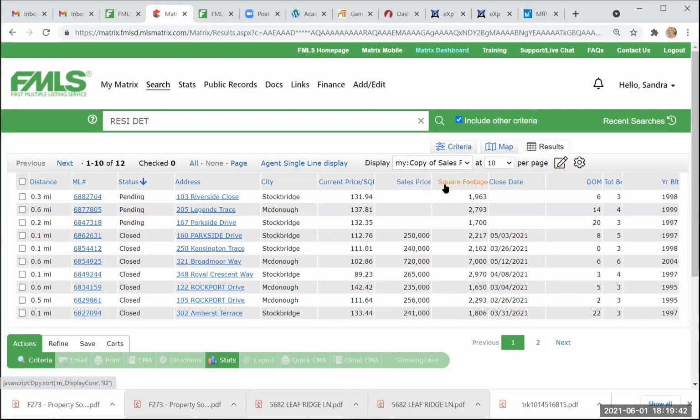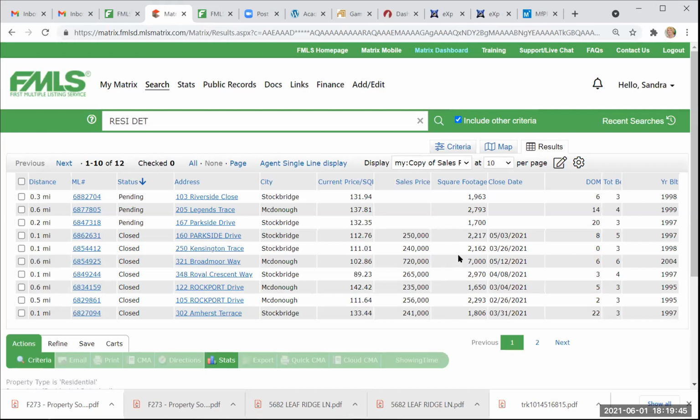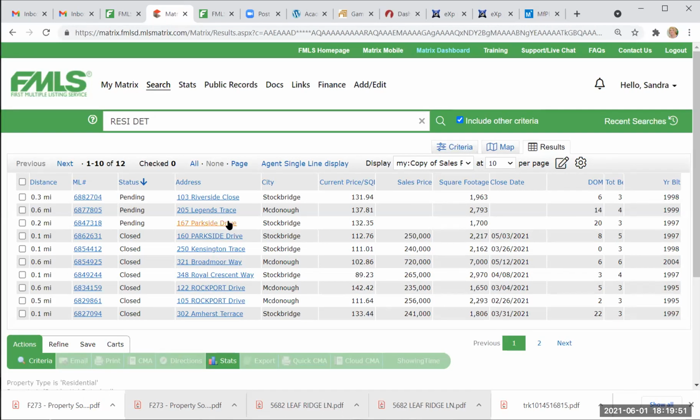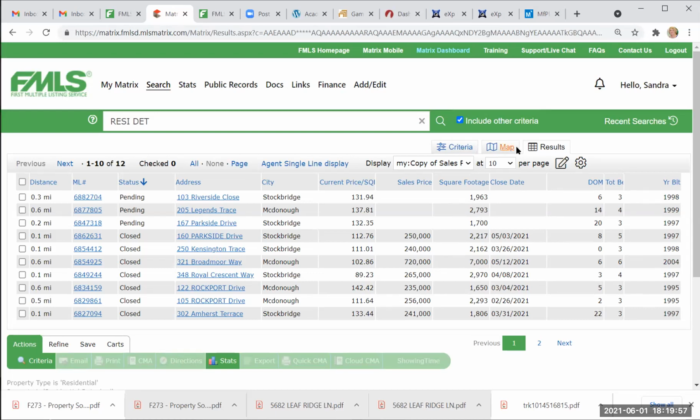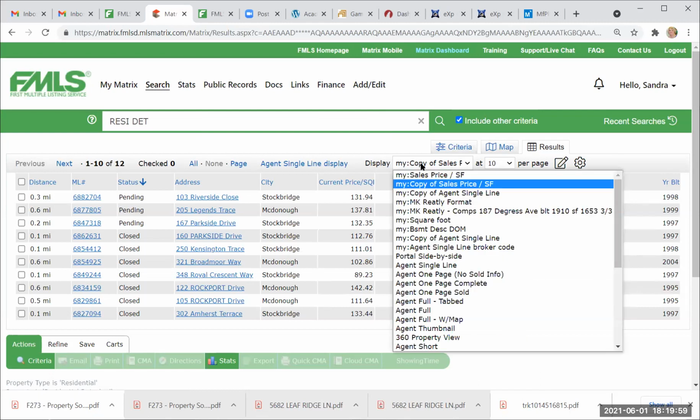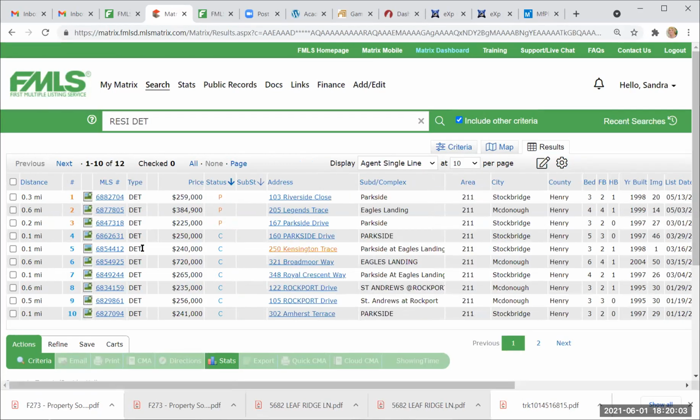Yeah, because that's what I was looking at too, mainly to try to assess. Let's see. Except for this one, the 225 is a lot smaller. That's a little bit too much smaller. So let me go back to agent single line. So that's what I got.